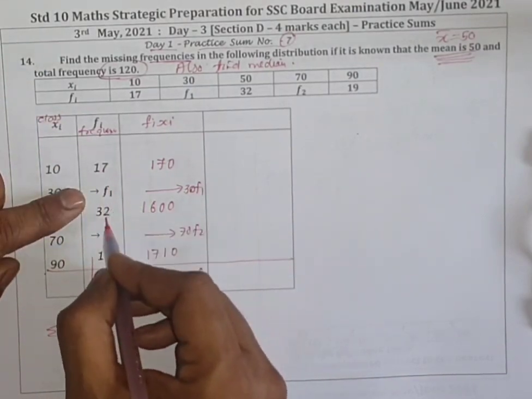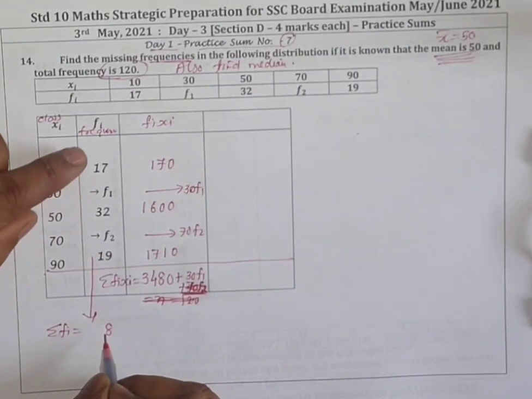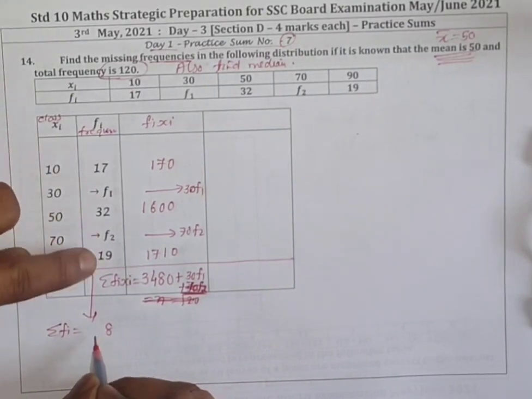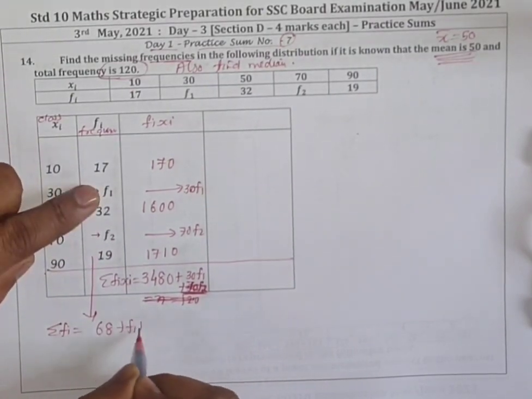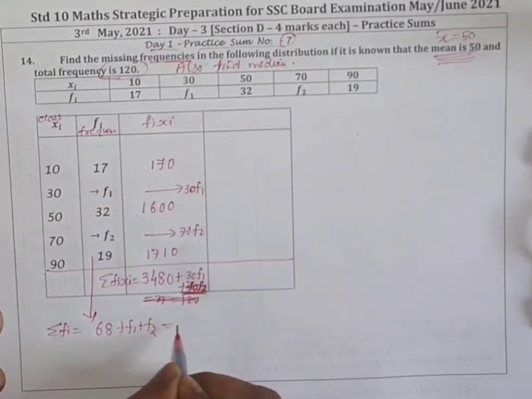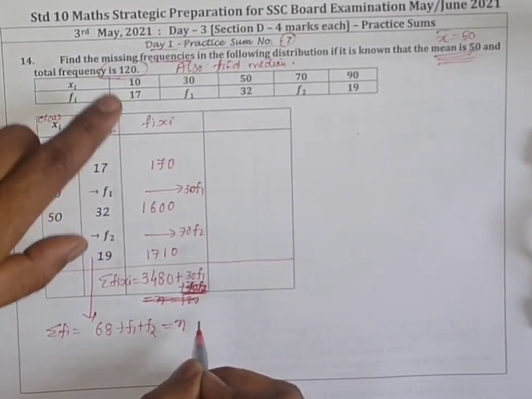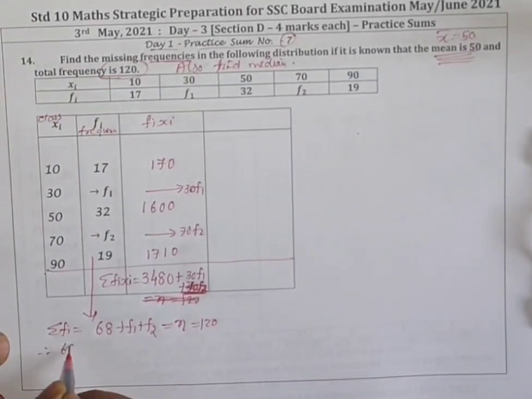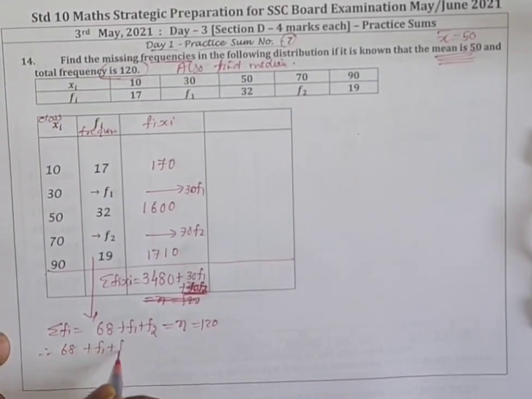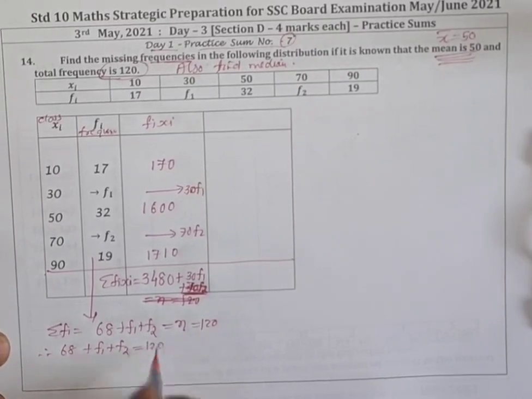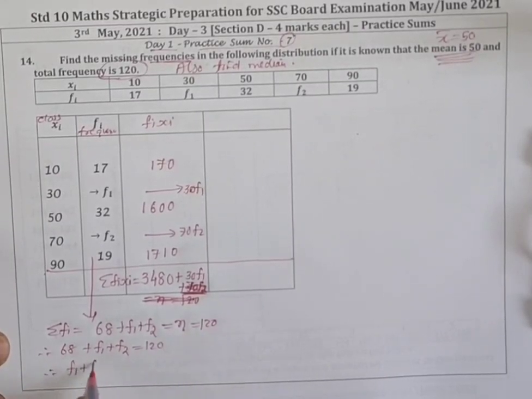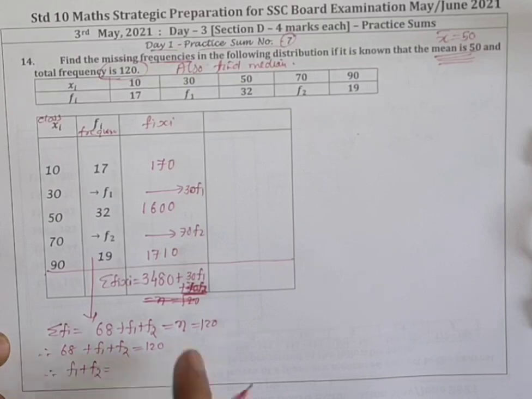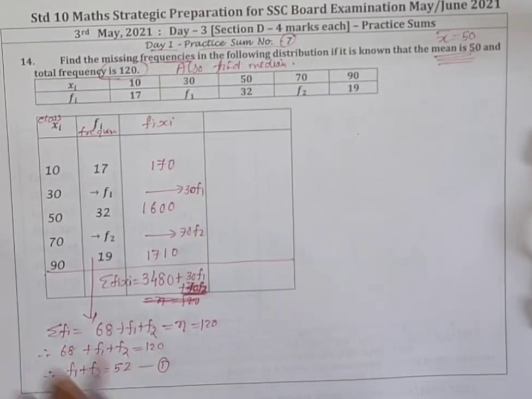So ये ऐड करो: 17 plus 32 plus 19 is 68, plus f1 plus f2. इसे कहते हैं number of observation and that is 120. So you got first equation. Therefore 68 plus f1 plus f2 is 120. Therefore f1 plus f2 is 120 minus 68 and that gives me 52. So this is equation number 1.